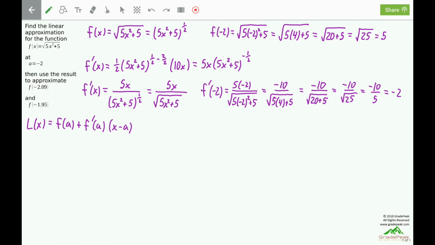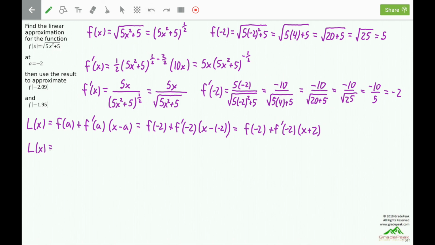Specific to this problem, a is a negative 2, so this comes out to f of negative 2 plus f prime of negative 2 times x minus a negative 2, and x minus a negative 2 is the same thing as x plus 2. We have values for f of negative 2, it's a 5, and f prime of negative 2, it's a negative 2. Those can now go into place into the linear approximation.